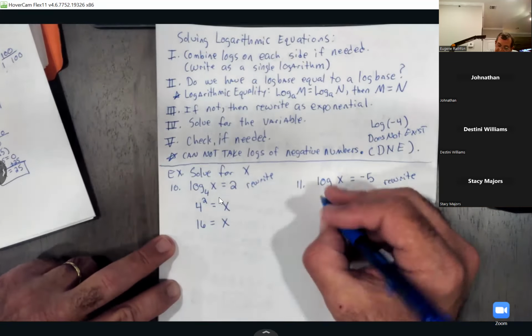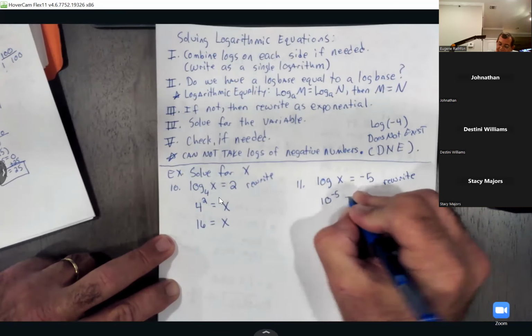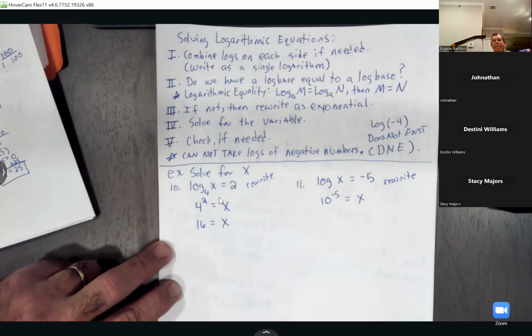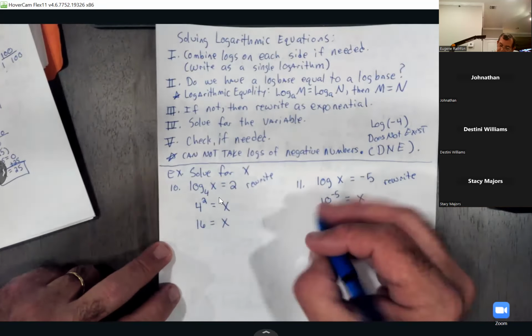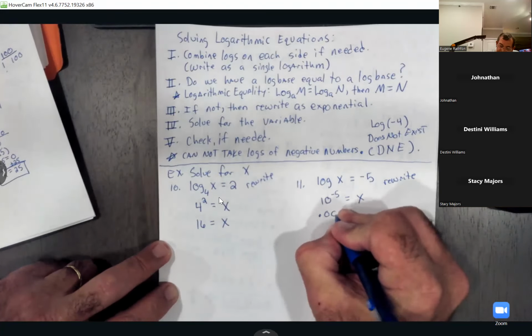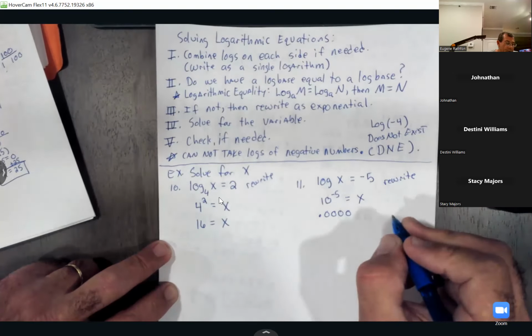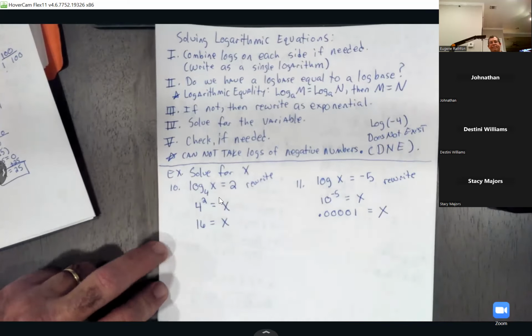It is definitely a 10. So I got my 10 to the -5 equals X. So let me see, when you punch this on your calculator, you should get 0.00001 equal to your X.